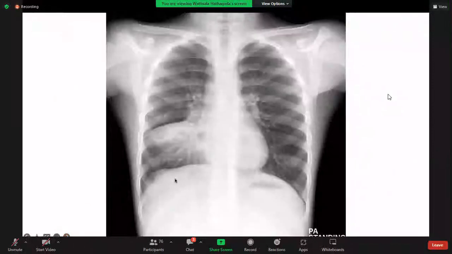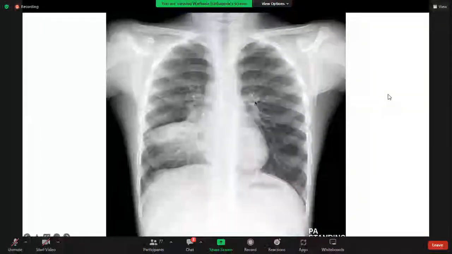Okay. So explain this X-ray. What can you see here? So on the left side, do you see anything?